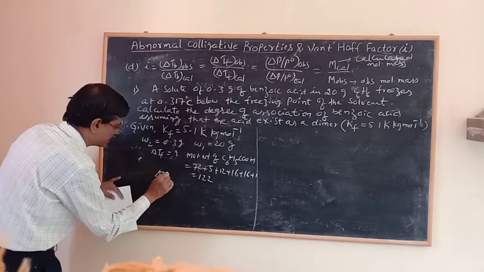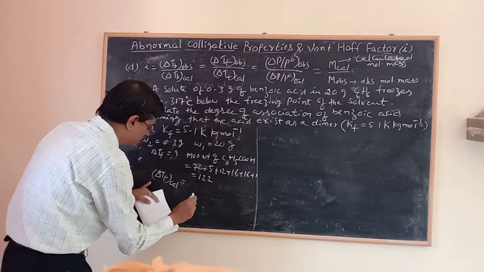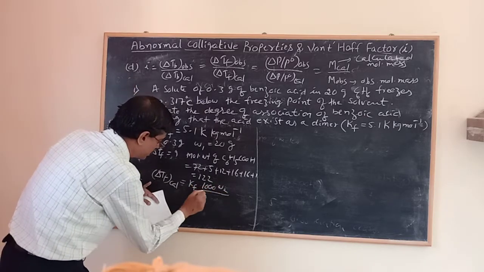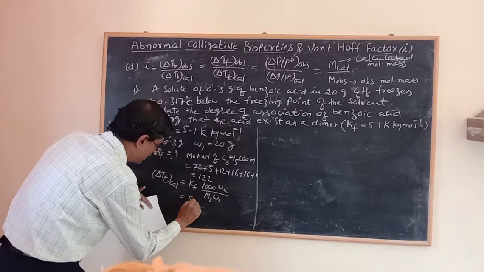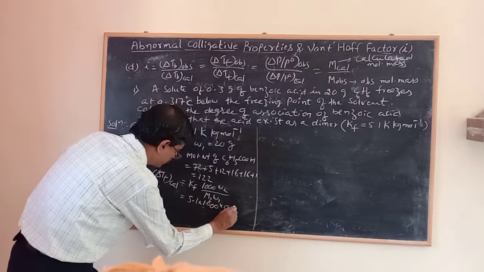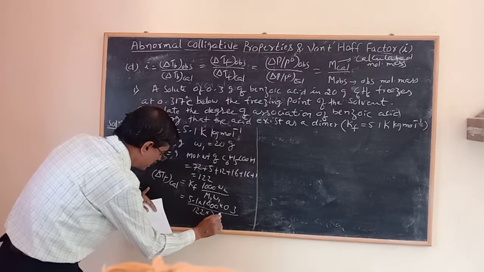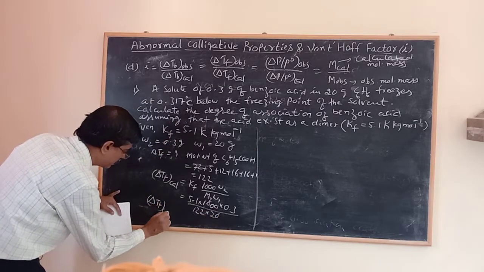The formula for delta Tf calculated is Kf into 1000 W2 divided by M2 W1: 5.1 into 1000 into W2 which is 0.3, divided by M2 which is 122, into 20.